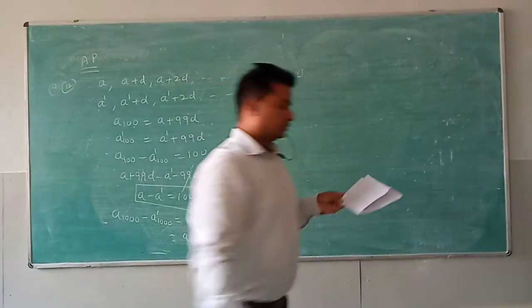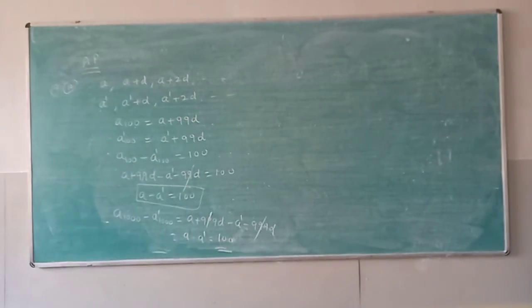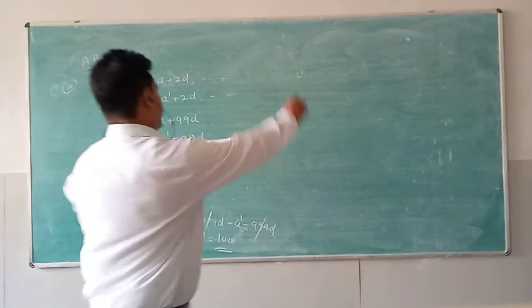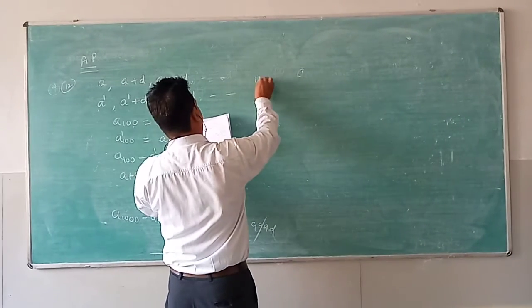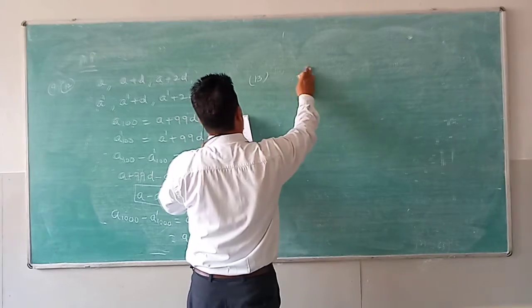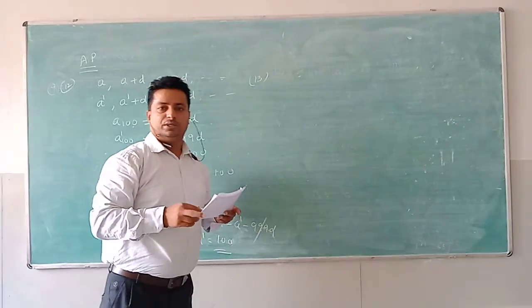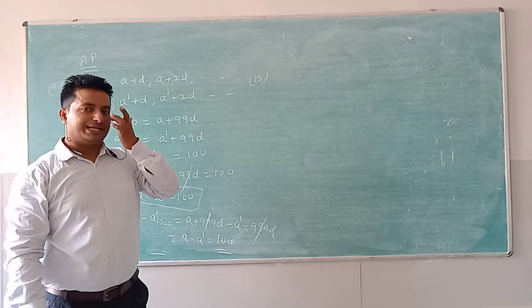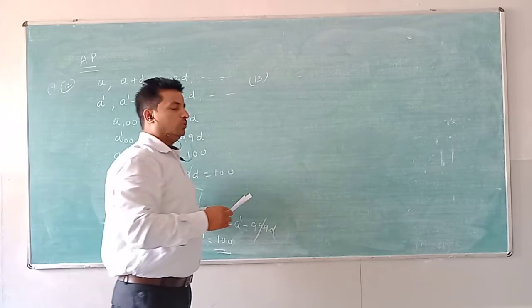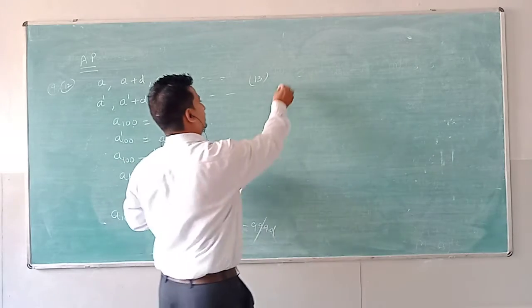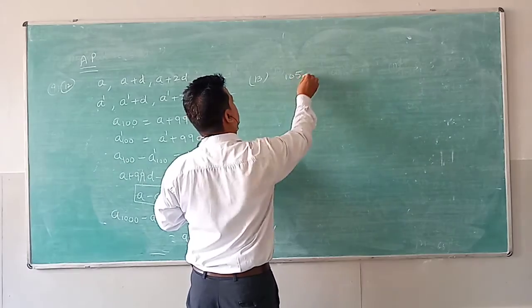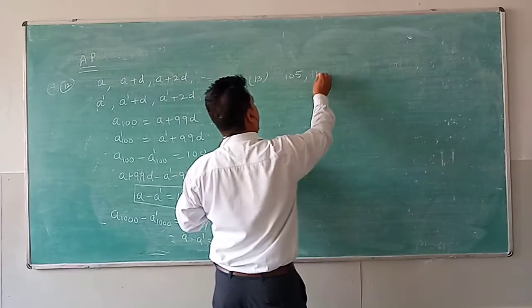In the next question, the statement is: how many 3-digit numbers are divisible by 7? As we know, the first 3-digit number is 100, which is not divisible by 7. 105 is the first 3-digit number which is divisible by 7.